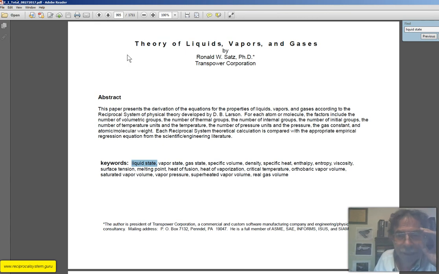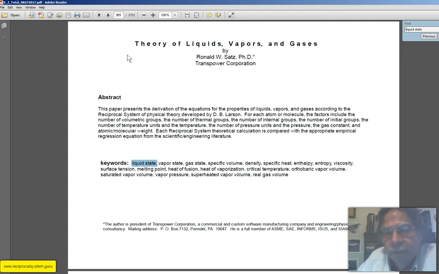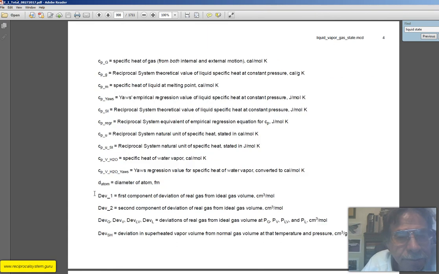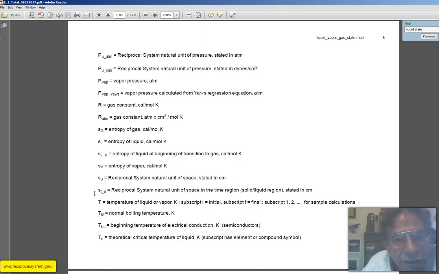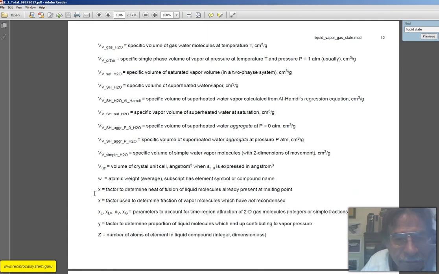If you really want to understand the database, you need to read this paper, Existence and Interactions, a computational treatise of the reciprocal system, the true theory of everything. Now I'm going to just page down. I'm just going to skim through this paper just to give you an idea of what's involved.